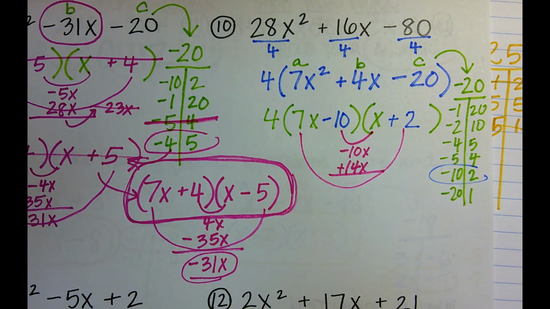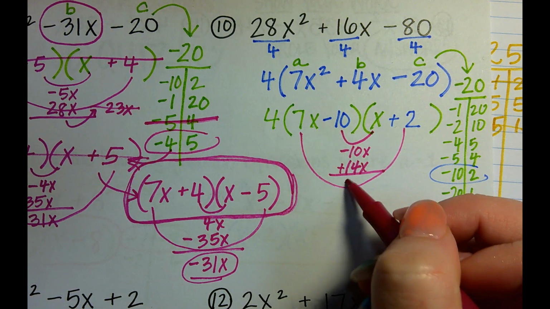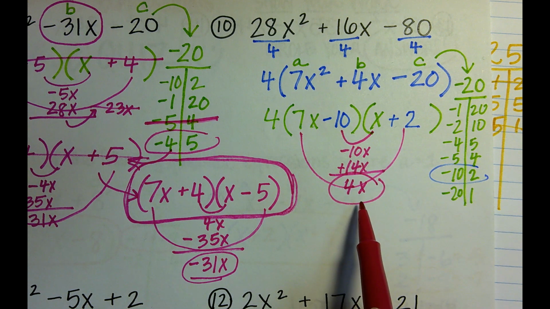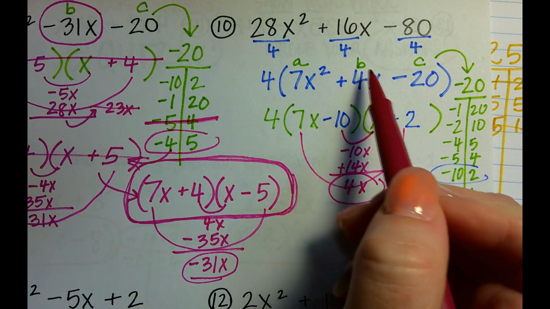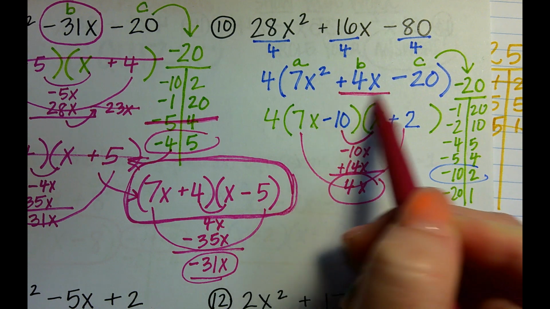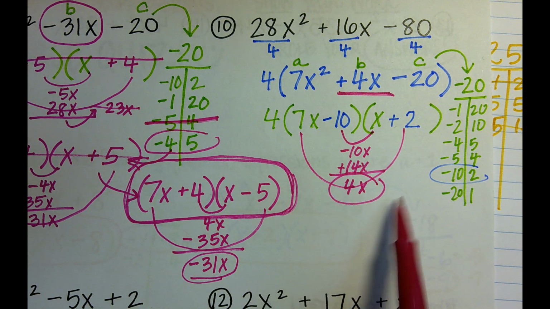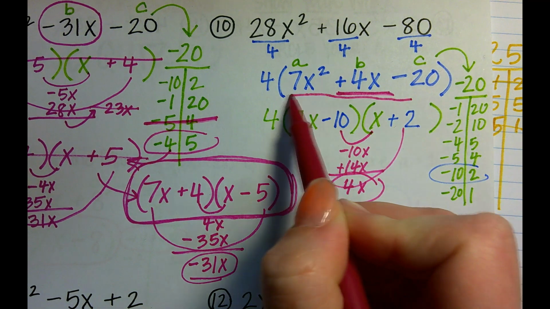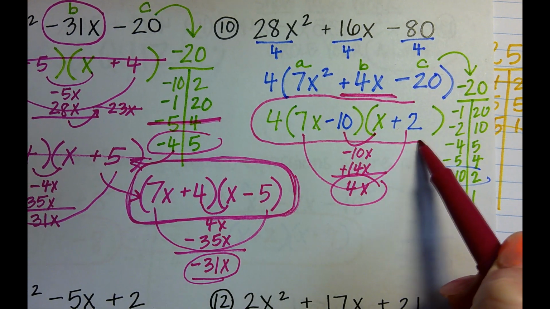What happens when I add those? 4. I get 4x. What does this 4x tell me? That it's right, because my new middle term is 4x. Because they add up to 4x, this is correct. That is our answer.